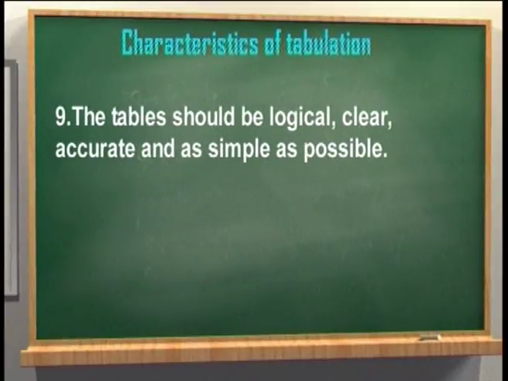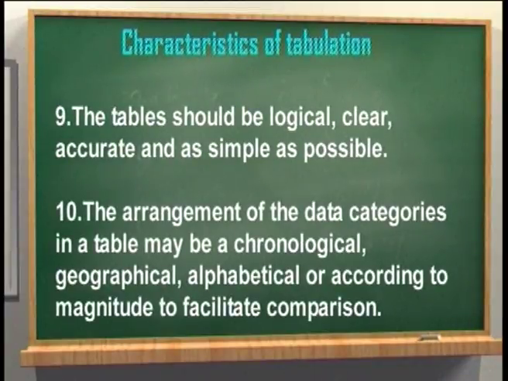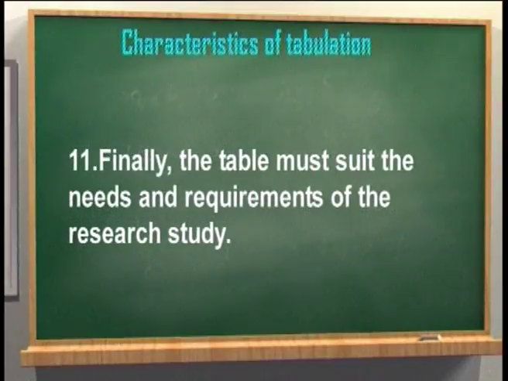Table should be logical, clear, accurate, and as simple as possible. The arrangement of the data categories in a table may be chronological, geographical, alphabetical, or according to magnitude to facilitate comparison. Finally, the table must suit the needs and requirements of the research study.